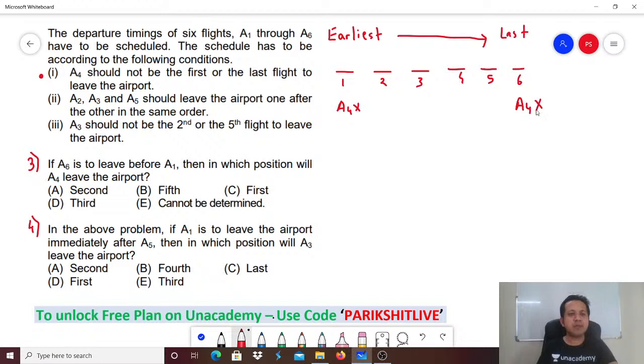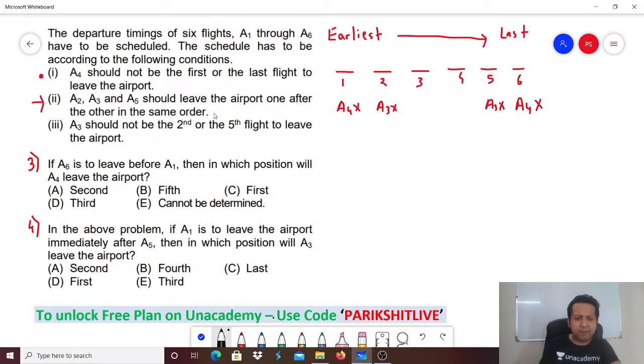Next, A2, A3, A5 should leave the airport one after the other in the same order. I will keep this in mind. And the third point, A3 should not be the second or the fifth flight to leave. So this cannot be A3, and this cannot be A3, right? That leaves us with a few alternatives.